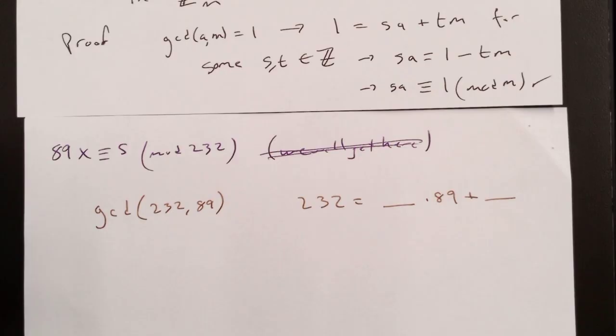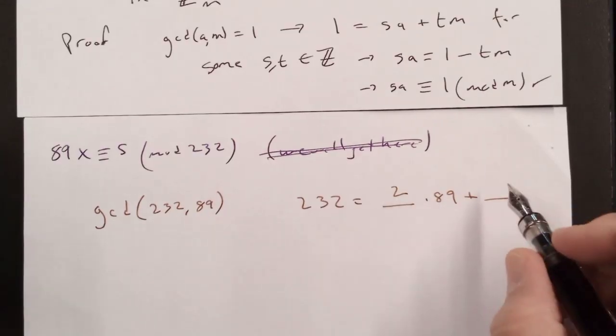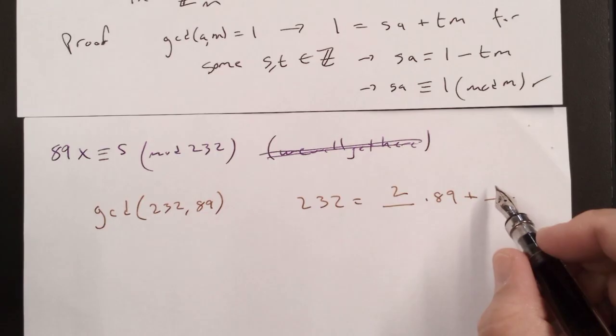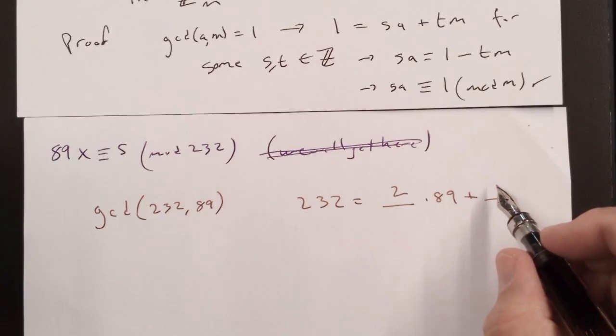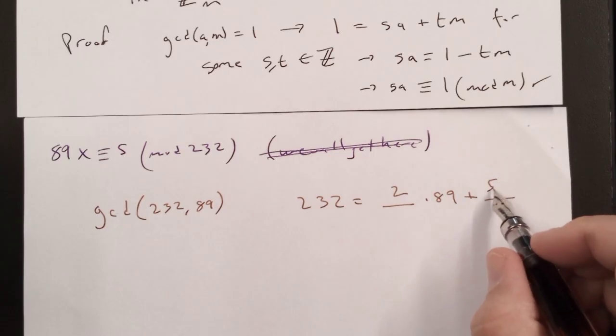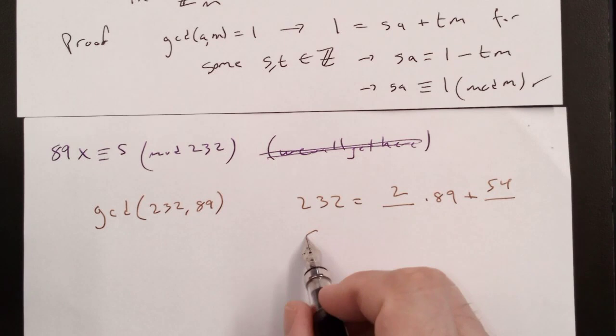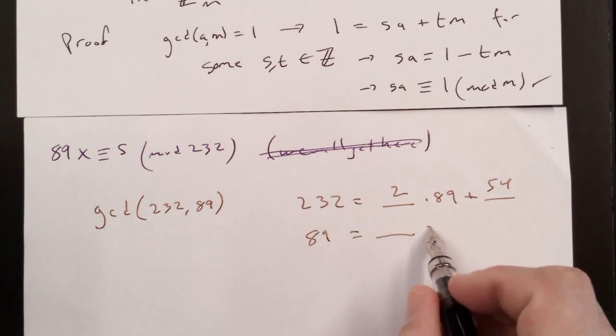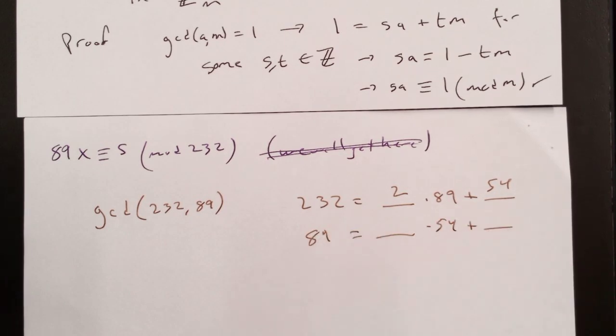$90, $182. So it's going to be 289s with something left over. Now step these numbers over. 89 goes here. 54 goes here.